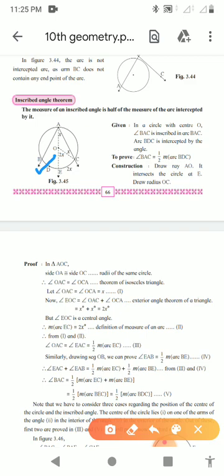We can write this by using the exterior angle theorem. If angle EOC equals angle OAC plus angle OCA, and we already assumed angle OAC is X degrees and angle OCA is also X, we will get angle EOC as 2X.